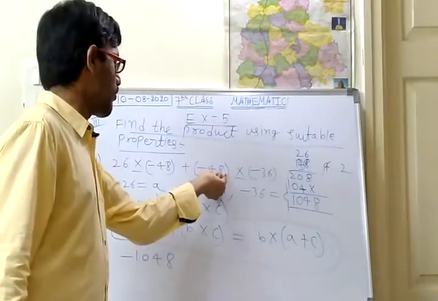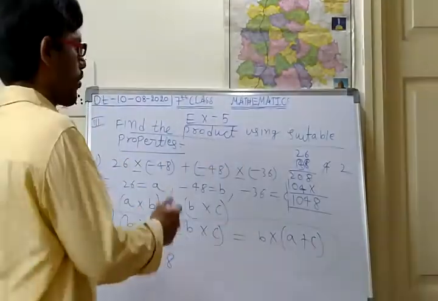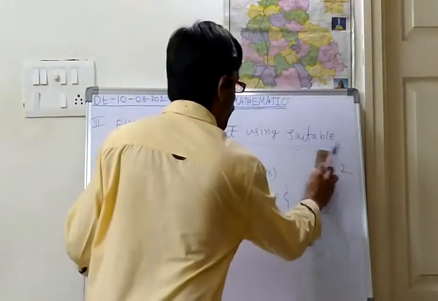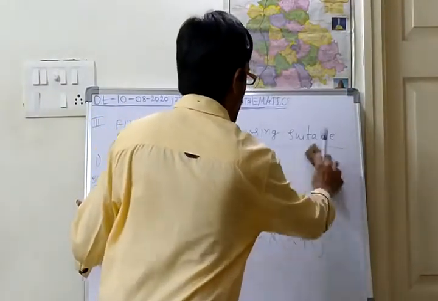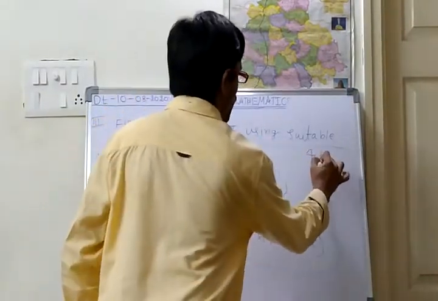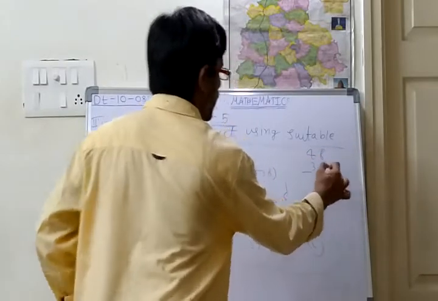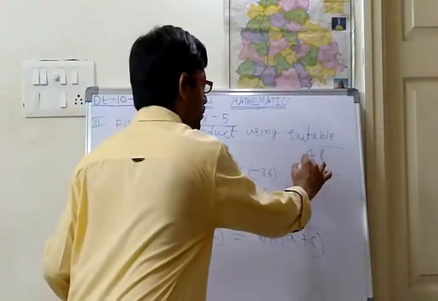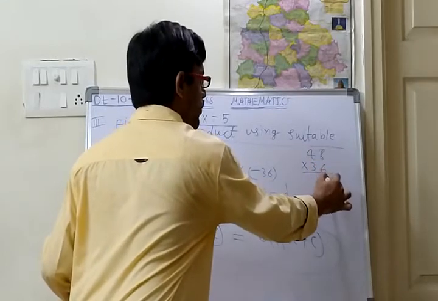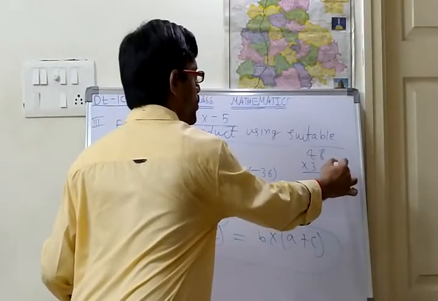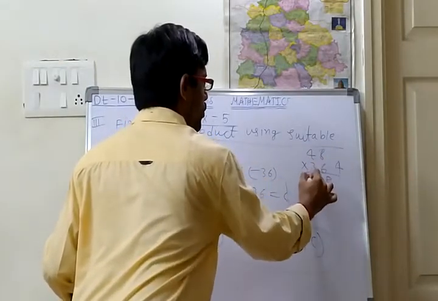So first 48 into 36. We have to find out what is the value of 48 into 36. So doing multiplication: 6 8s 48, 6 4s 24, plus 4 is 28.